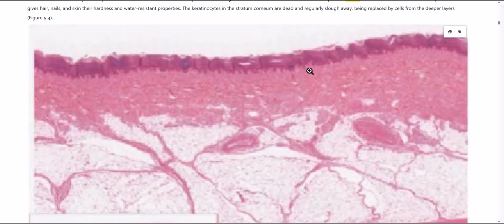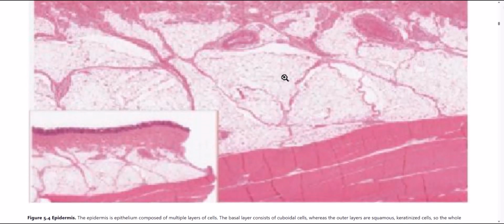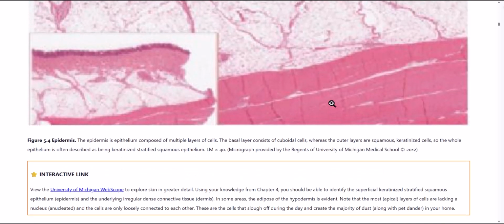Then we have a layer of the dermis, the connective tissue. Below that, if you blew this up, you would definitely see that this is mostly adipose through here. This is the hypodermis. And then deep to your hypodermis, you're going to have skeletal muscle. Remember, skeletal muscle is composed of long cells that have a strong striation pattern within them. And we're seeing some of those skeletal muscle cells, those skeletal muscle fibers, running across the bottom of this micrograph.